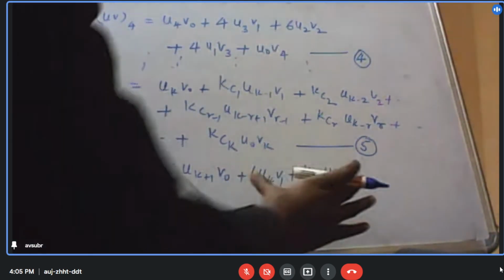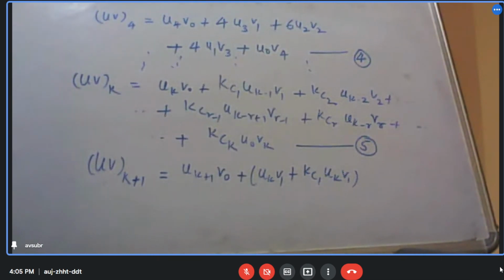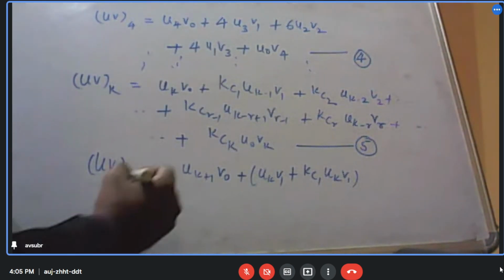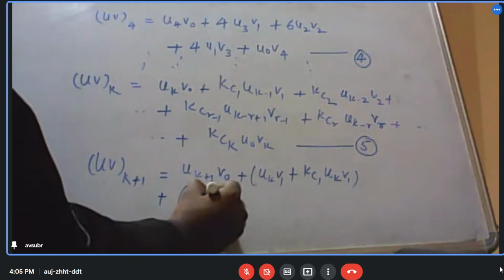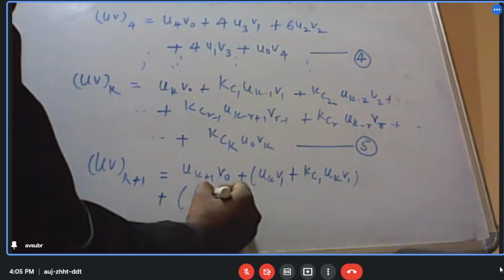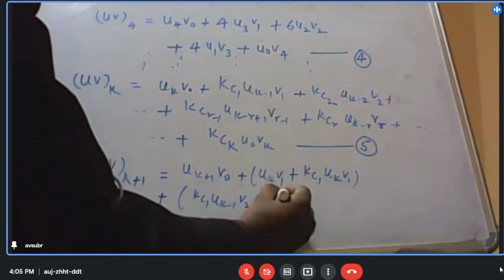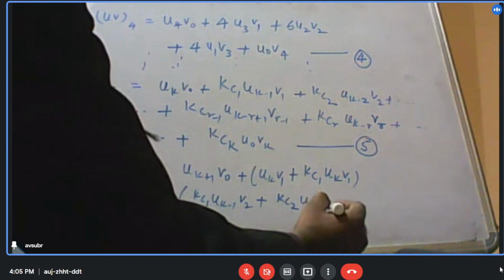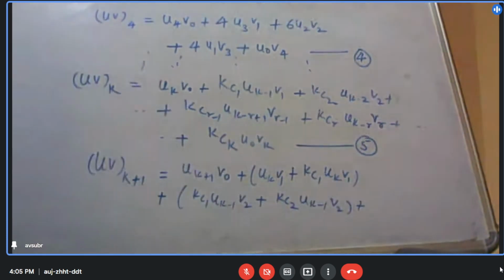So what I have done, the V1 terms, I am segregating, right? So this is what we will get, plus KC1 UK minus 1 V2 plus KC2 UK minus 1 V2.